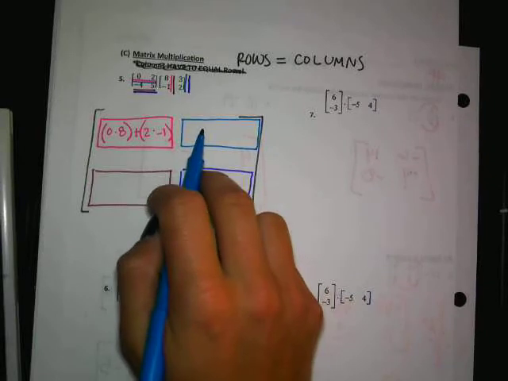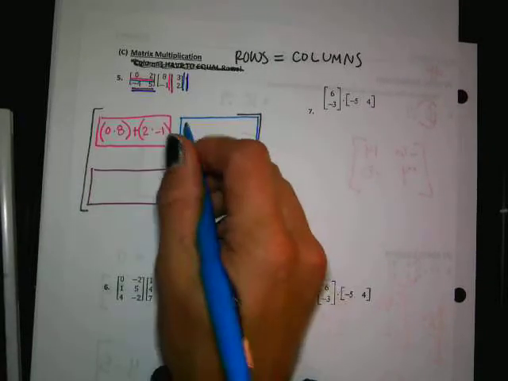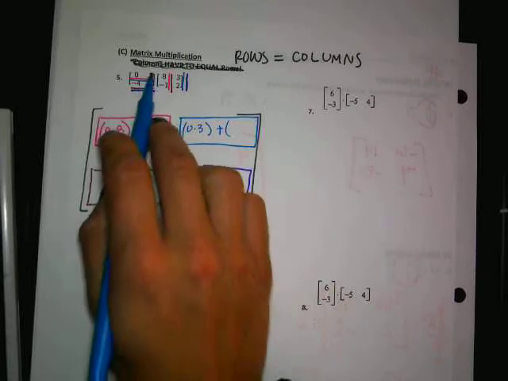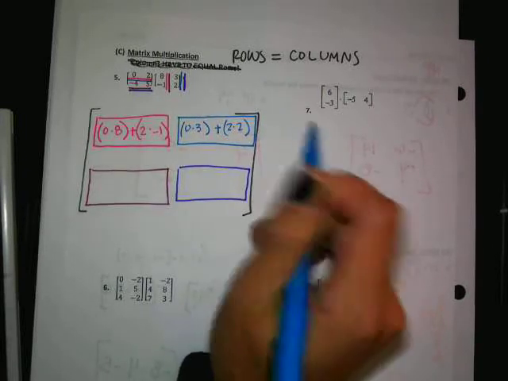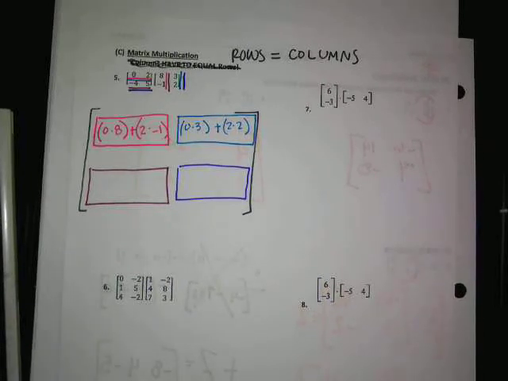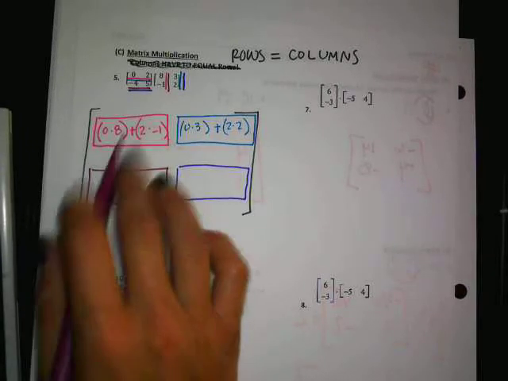All right? Over here, we're going to do 0 times 3, and we're going to add it to 2 times 2. Okay, down here, this second row, first column.